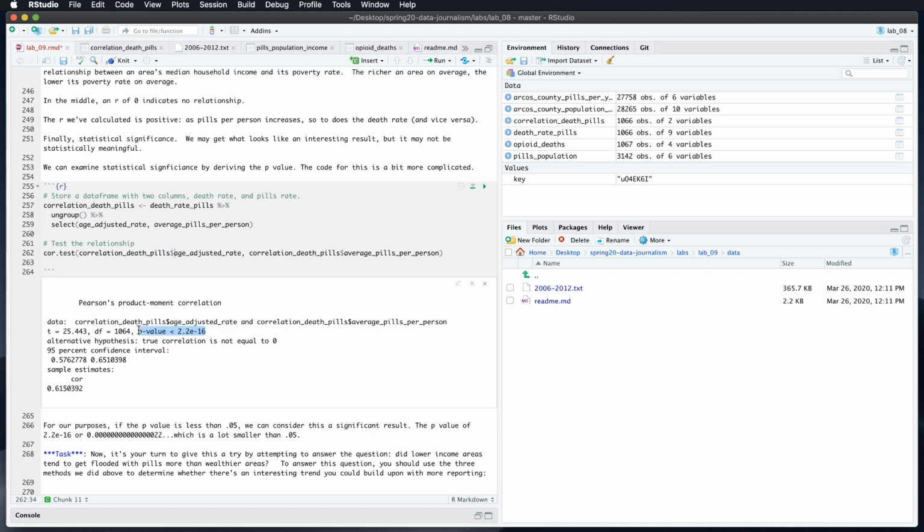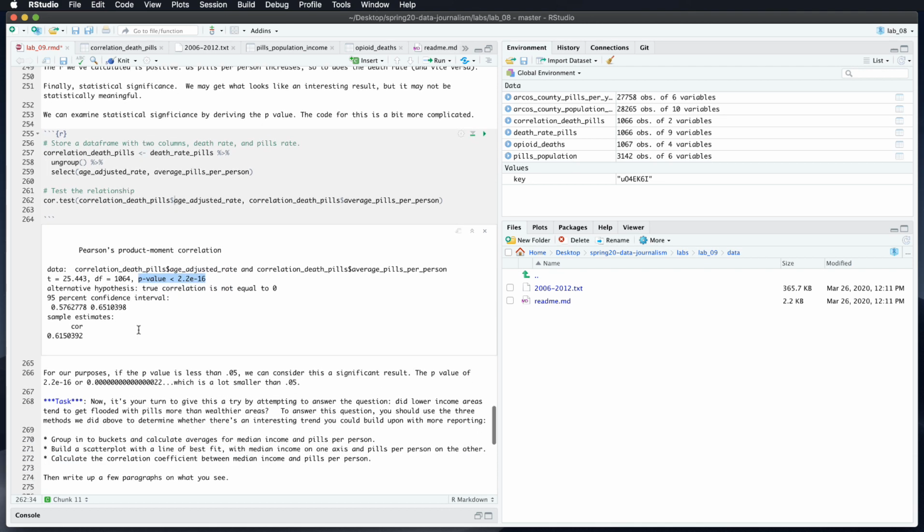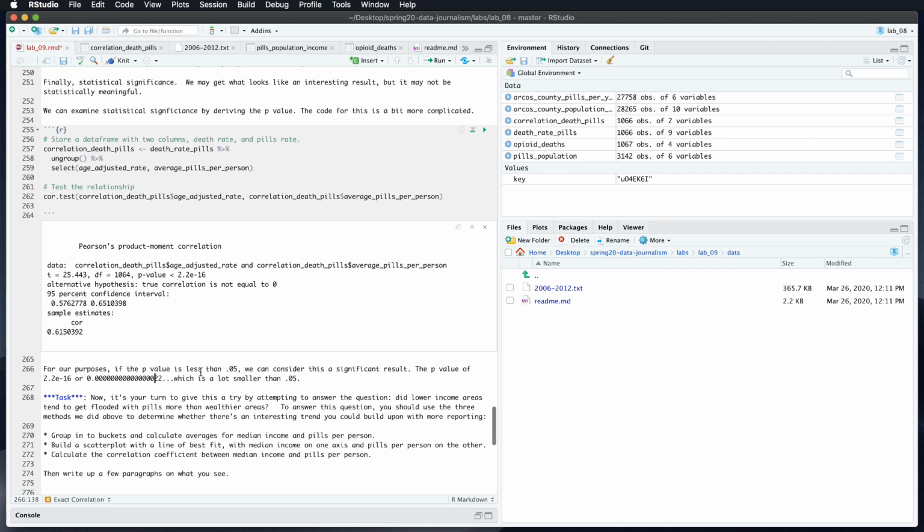And we see the p-value here, which is 2.2 e to the negative 16, which is scientific notation for a very tiny number. Lots of zeros. So because our p-value is less than 0.05, in general, we consider this to be a significant result. Again, not saying it's newsworthy or meaningful, just that it is a statistically significant result.